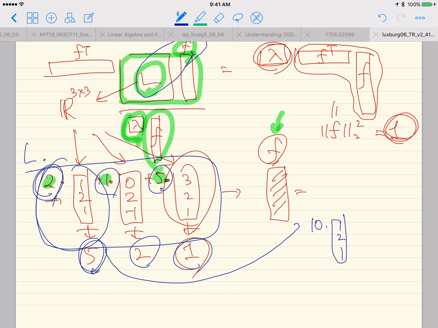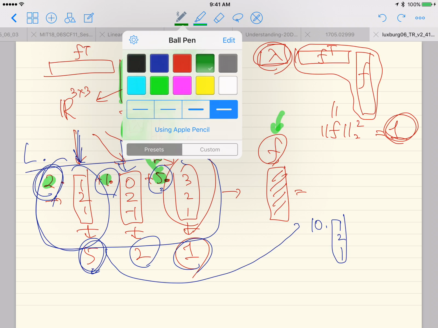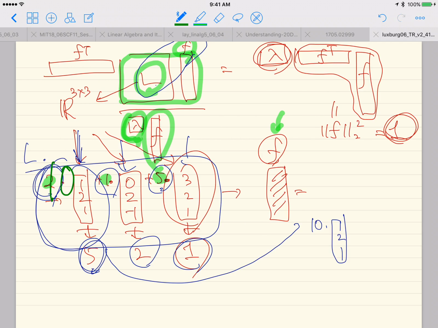Let's further assume that these eigenvectors are orthogonal to each other, so they are perpendicular to each other. Let me use 10 times x, then 2, and then 5, okay?